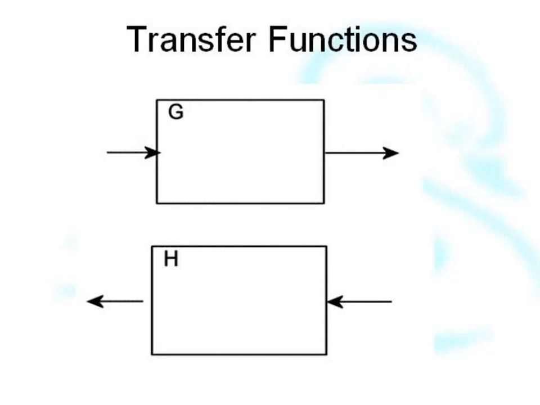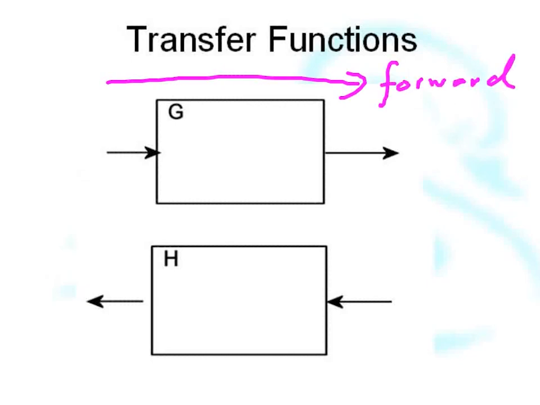Transfer functions, things come in and things go out, and something gets done to them on the inside. It's a function. When it's going forward in time, we normally label them as G's. And when it's going backwards in time, we label them as H's.